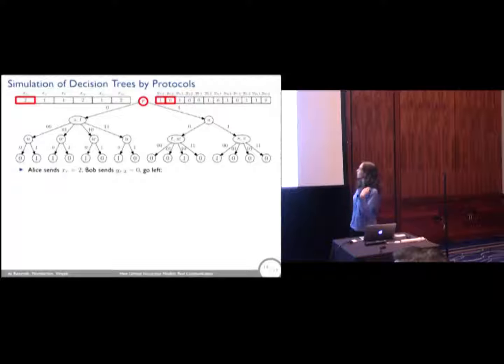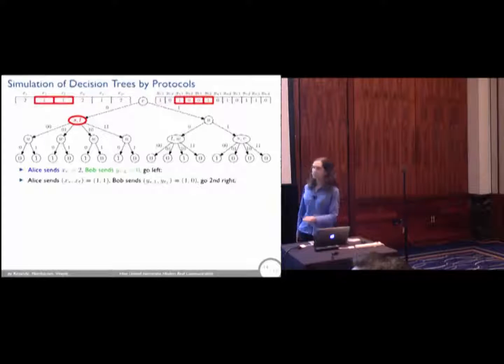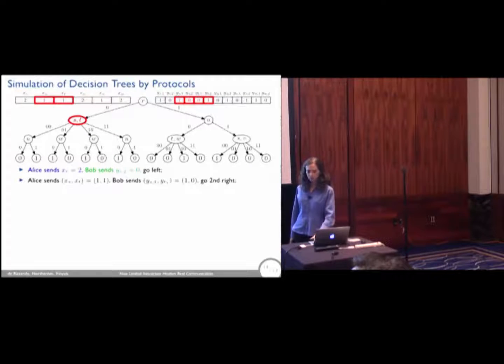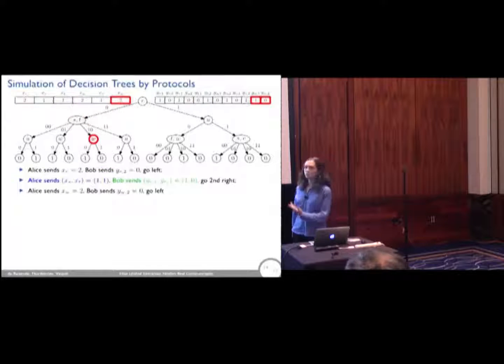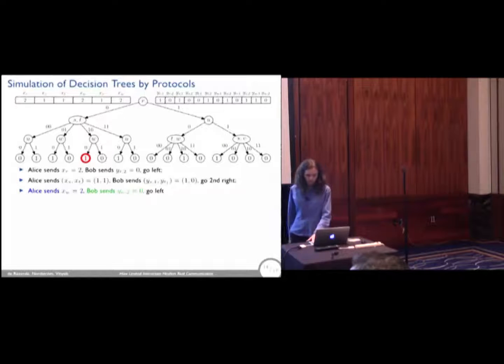Alice tells Bob which index is the input he should plug into that tree. Then Bob tells Alice what that input is, and they just follow the tree. And again, Alice tells Bob what are the indices that he should plug into the tree. And so they can continue this until they reach a leaf and answer according to what the decision tree answers on this input.